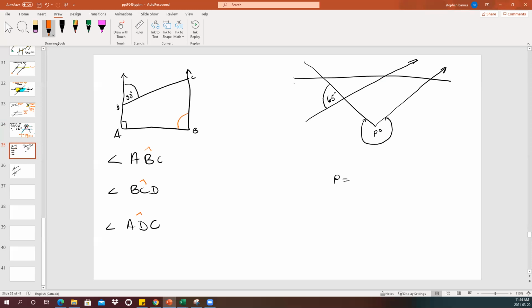So if I'm to use the interior rule, interior angles sum to 180. So A and B will be equal to 180. We know A to be 90 degrees because of this little box right here. So 90 plus B equals 180.